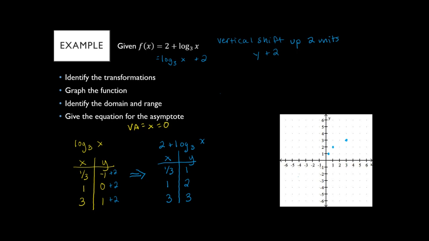And then we need to look at, okay, our asymptote. So our vertical asymptote is x equals 0. And because we did not do any transformations on x, it's still x equals 0. So our vertical asymptote is still going to be basically the y-axis here.